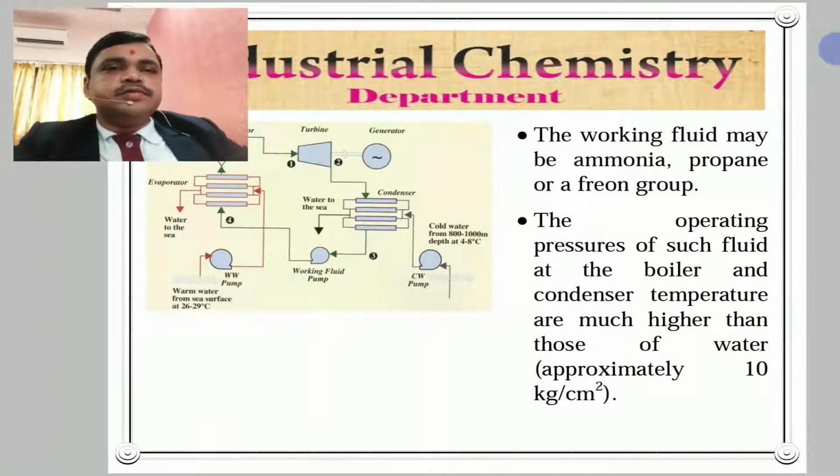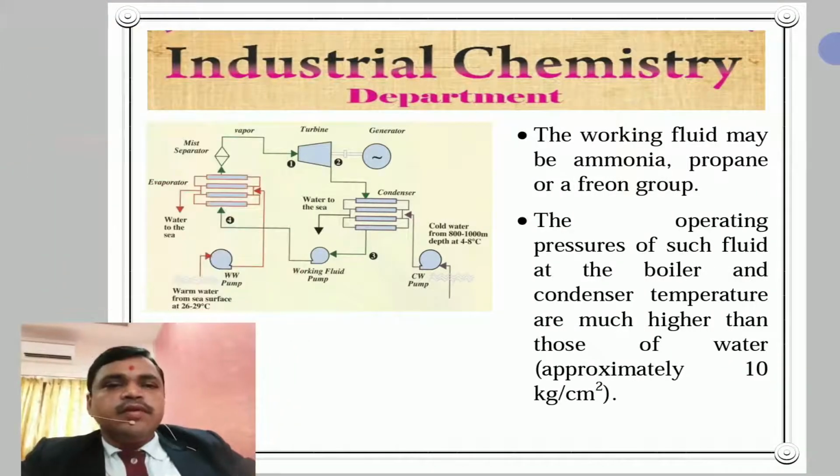Now, the working fluid may be ammonia, propane or a freon group. The operating pressure of such fluids at the boiler and condenser temperature is much higher than that of water, approximately 10 kg per centimeter cube.